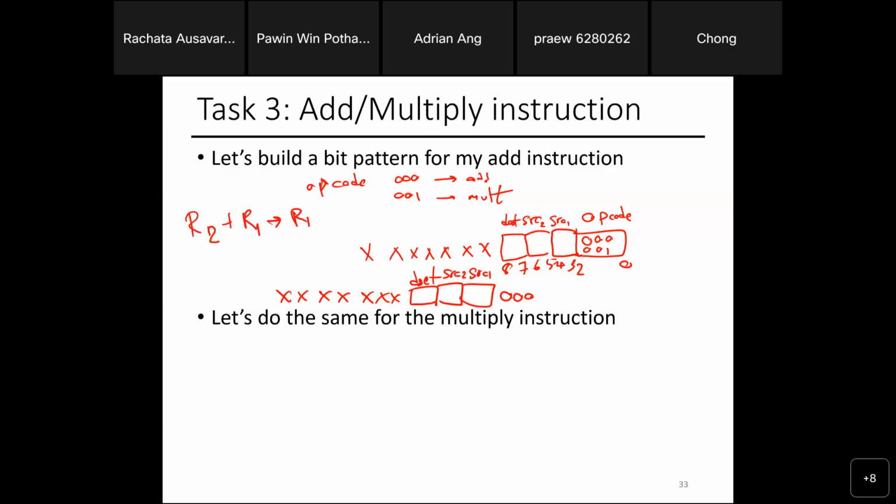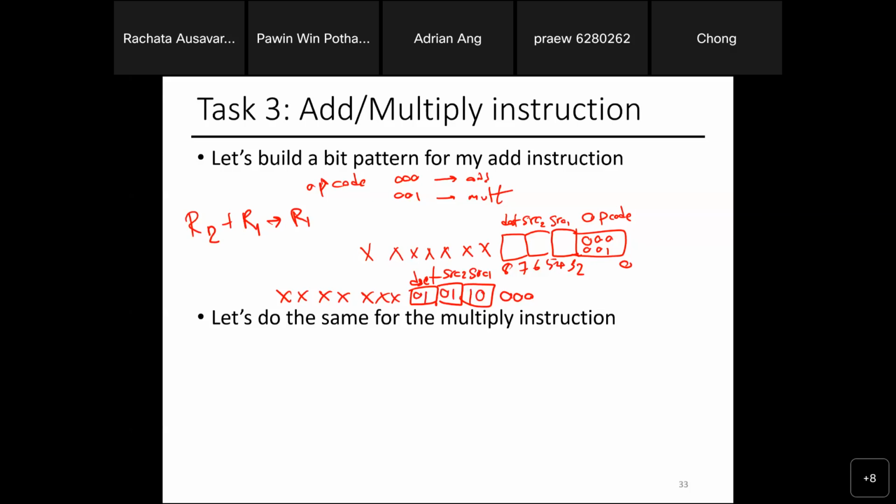Let's assume the left guy in the addition. Source 1 is R2, right? How do I represent R2? 1, 0, right? R1 is 0, 1, destination is 0, 1. So if you see this bit pattern, 0, 1, 0, 1, 1, 0, 0, 0, 0, you know that add R2 and R1 together, write the result back to R1.